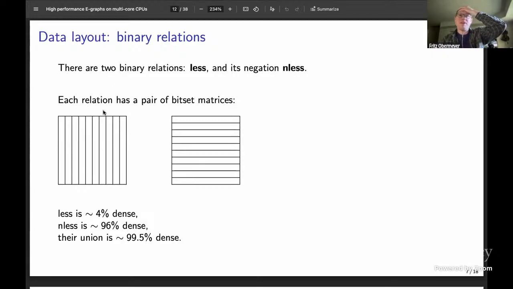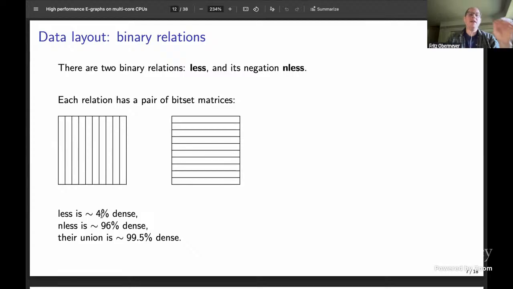Each of these I represent with a dense bitmap matrix, actually two matrices, one column oriented and one row oriented. And so the compiler will use whichever one has better locality for the particular place that it occurs. That also allows me to do SIMD bit set intersections and differences.